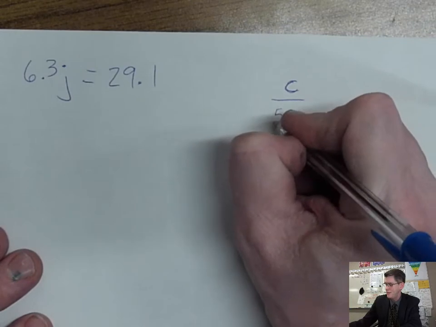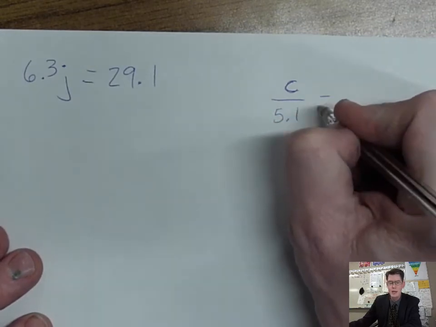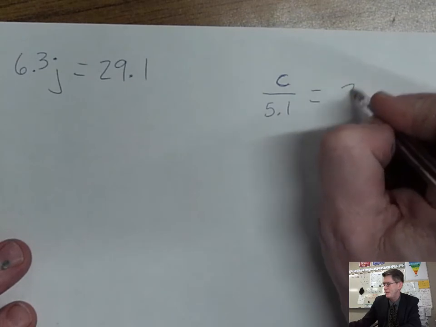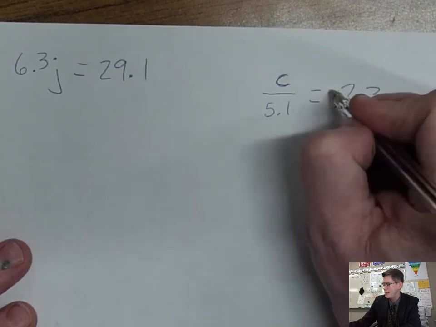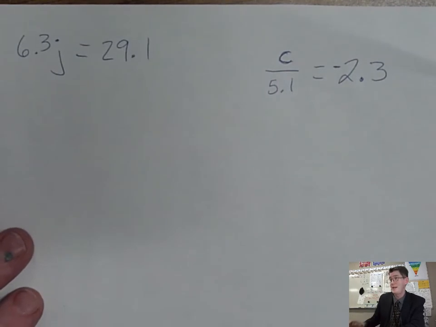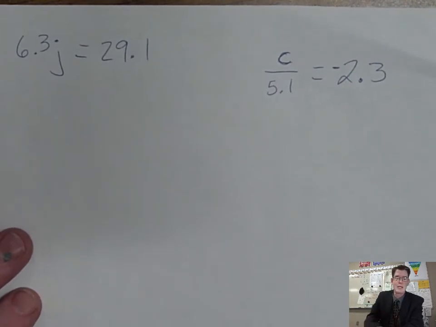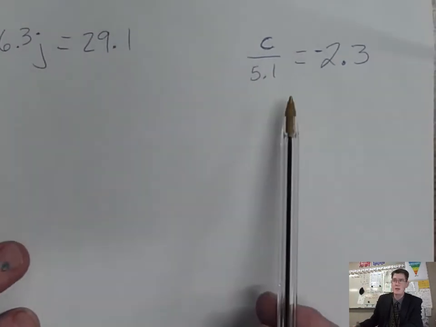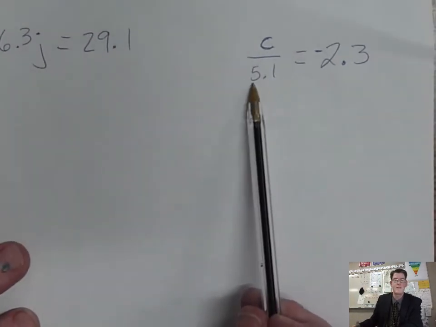You might have 5.1 divided onto it, and when you do that, you get negative 2.3. So we're going to have numbers that are multiplied and divided onto the variable.